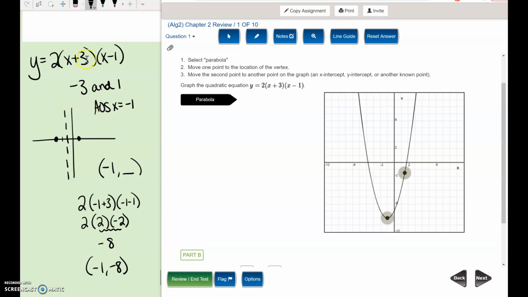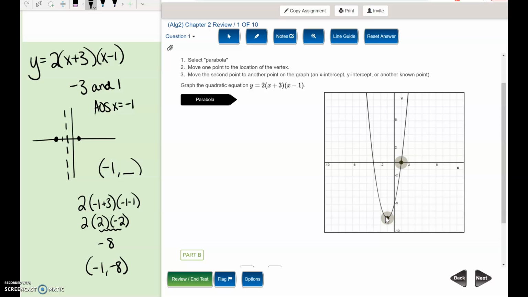Then I know that another point is at the x-intercept 1. So I could put this at the x-intercept 1. I could also put it at the x-intercept -3. It is going to make that symmetrical graph for you. So in order to graph a parabola in EdSite, you need to have a vertex and then one other point.